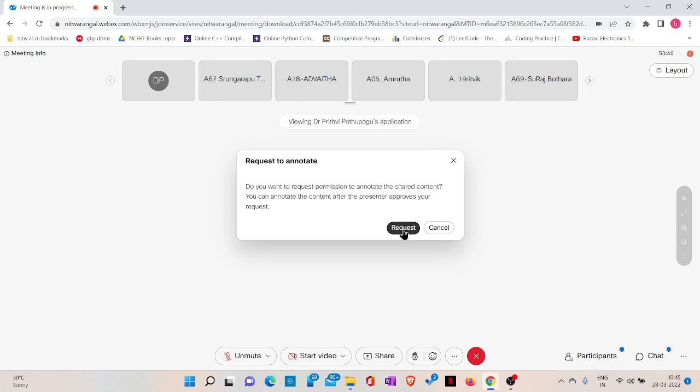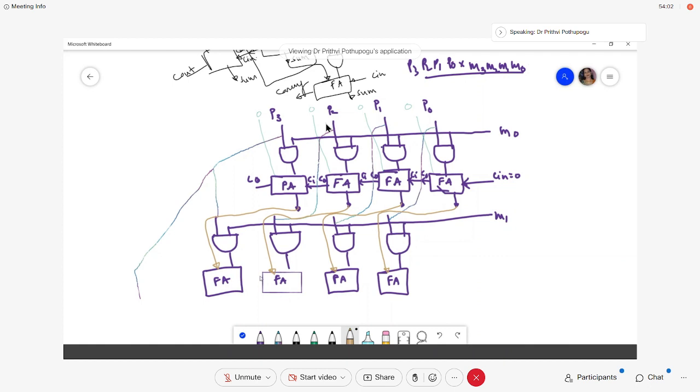Try to make the difference with the colors only. It's not so clear in drawing. And now this is the carry out, carry in, carry out, carry in, carry out, carry in.